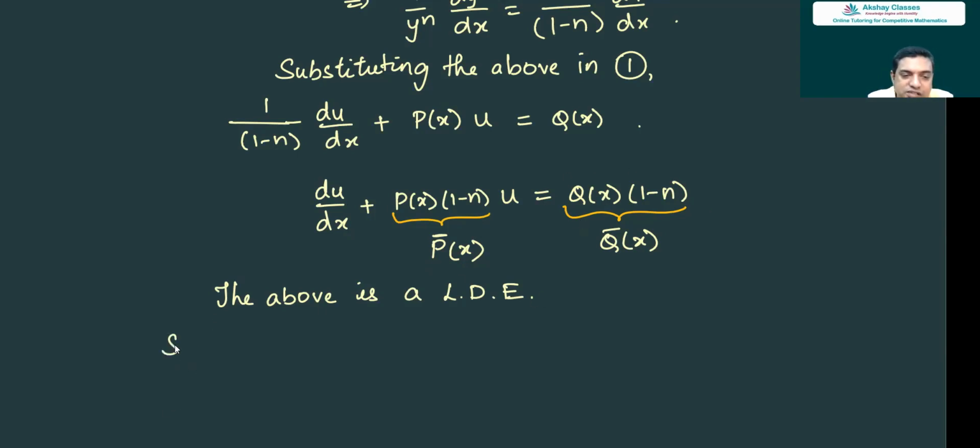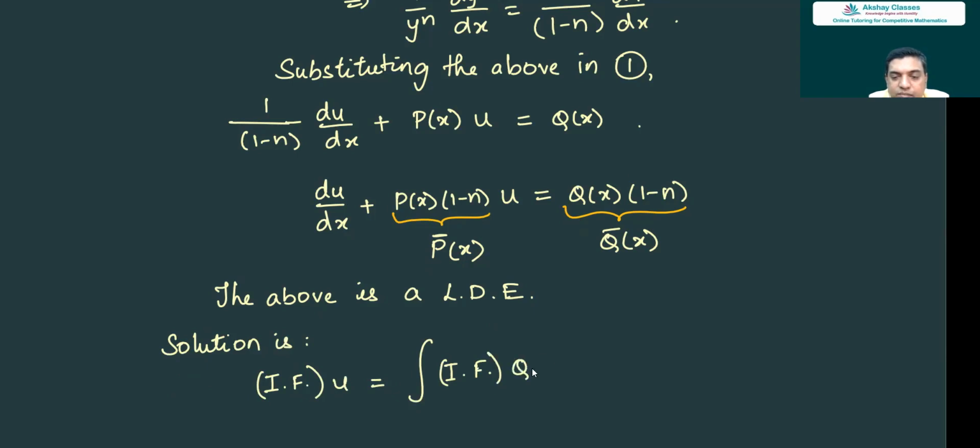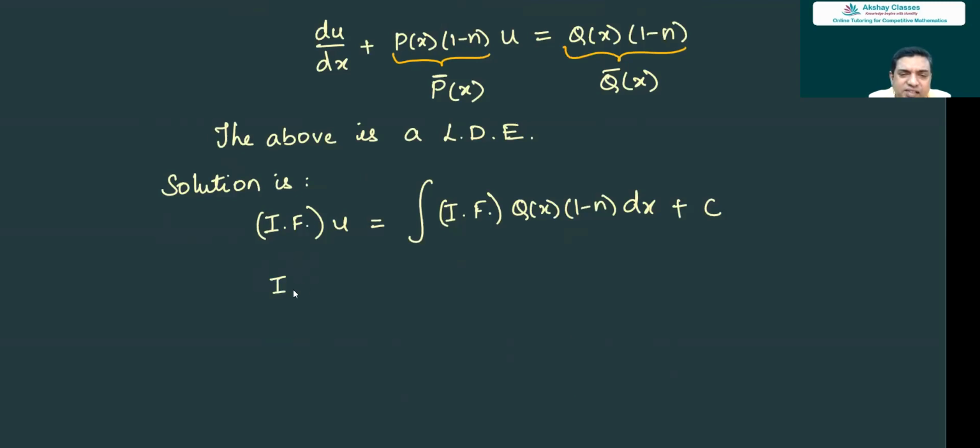So the solution is integrating factor times u is equal to integral of integrating factor times q. This time q will be q of x into 1 minus n dx plus c. Now the integrating factor is e raised to the power integral of p of x into 1 minus n dx.